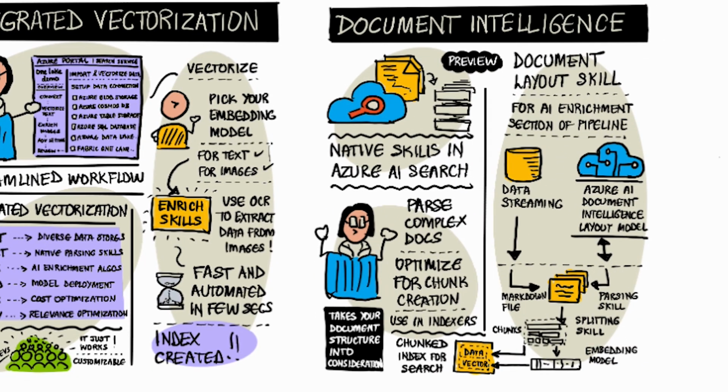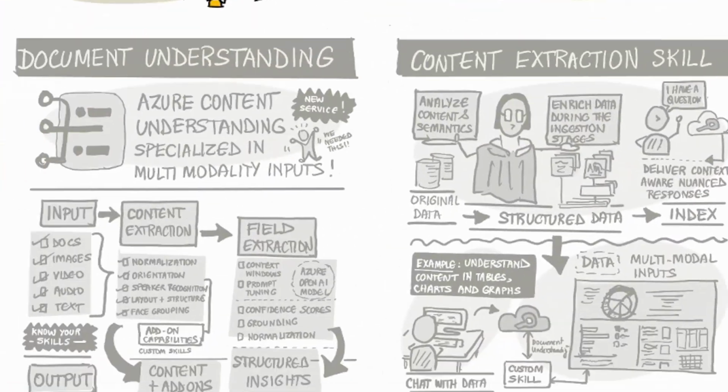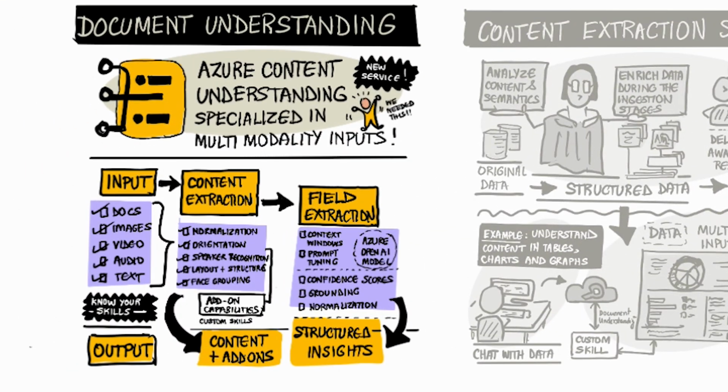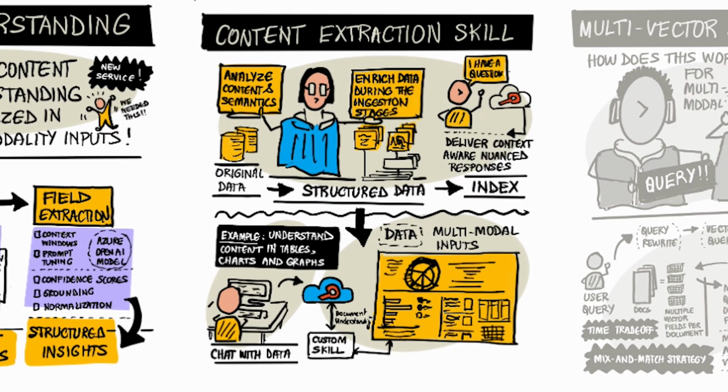Document intelligence is a native skill in Azure AI Search that can support AI enrichment with parsing, chunking, and embedding strategies. Document understanding is a new Azure service that specializes in multimodal data inputs with content and field extraction in focus. Content extraction uses AI enrichment to analyze content and semantics and create structured data with that additional context.